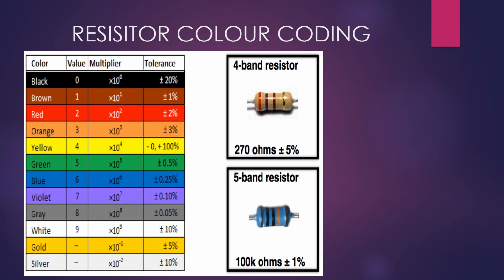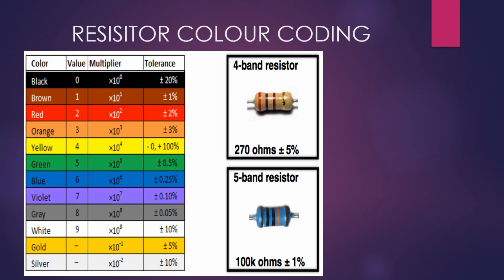So now let's move on. Let's say it's a 4-band resistor like we have, and the value is 100 kilo ohms. 100 kilo ohms is actually 100,000, meaning there are how many zeros? There are 5 zeros. It's 1 and 5 zeros.